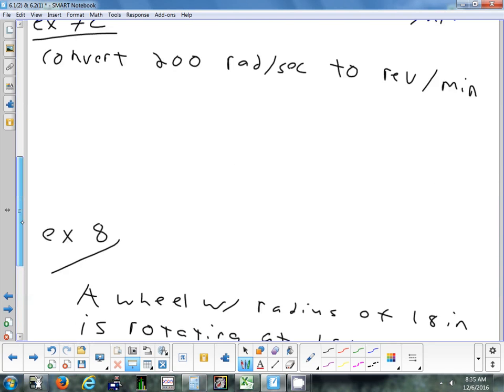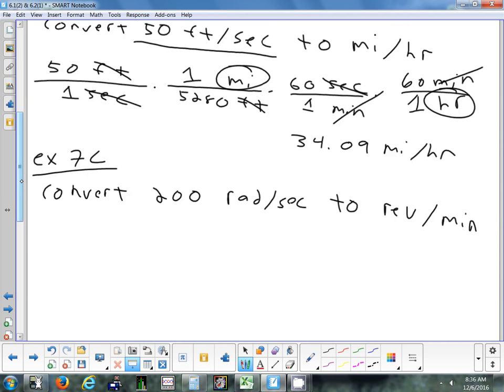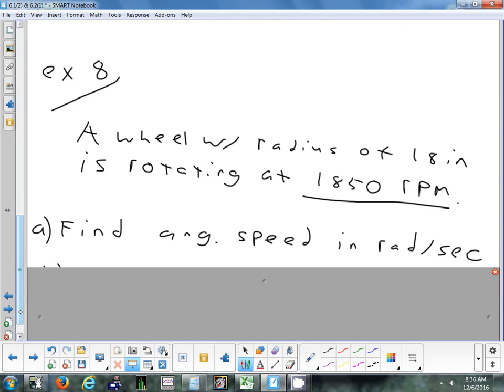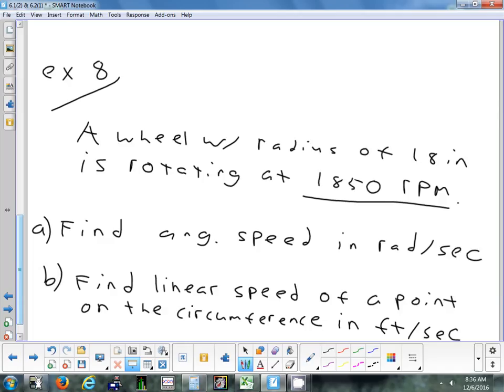And the reason I skipped the last one is because it's basically the same thing, converting between RPMs and radians per second. So we're going to do the reverse of what we would have done in 7C right now in 8A. And then we'll do part B in a minute.